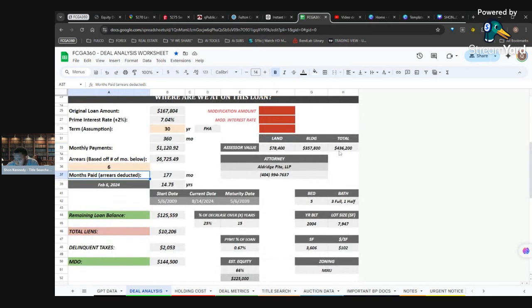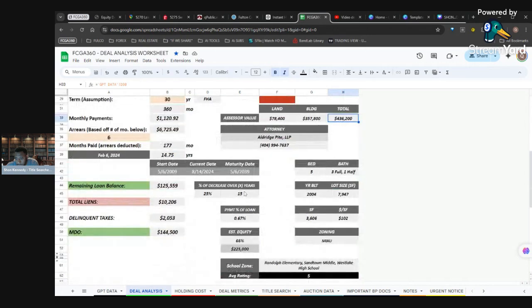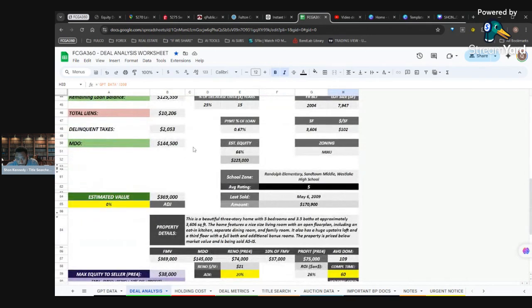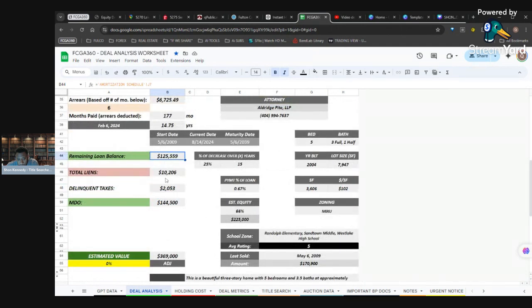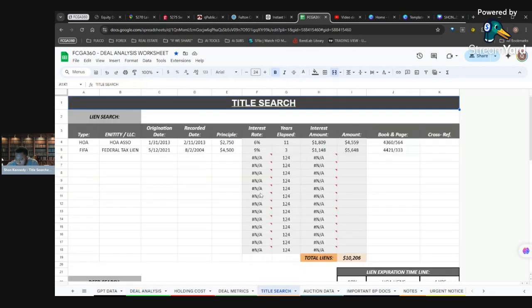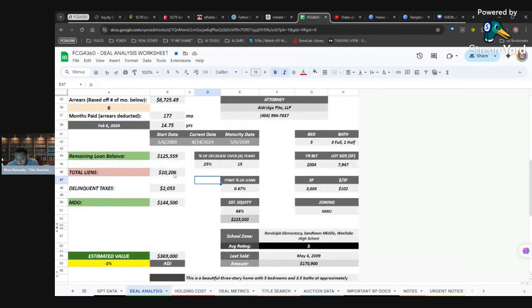But anyway, tax assessor saying is worth $436,000. Remaining loan balance will be $125,500. We don't know the total liens. We are still using our guesstimate, just putting that there for an example.